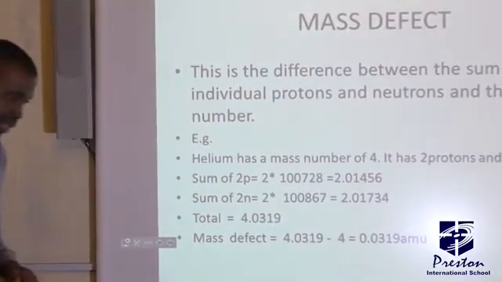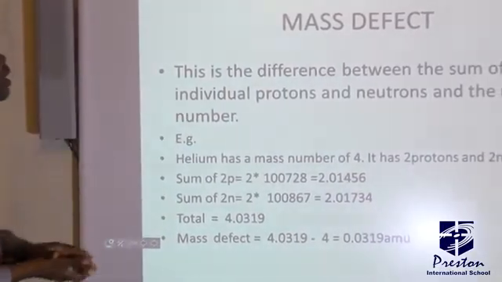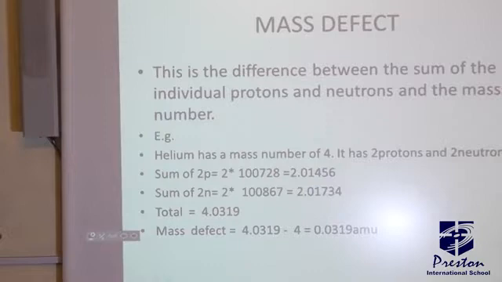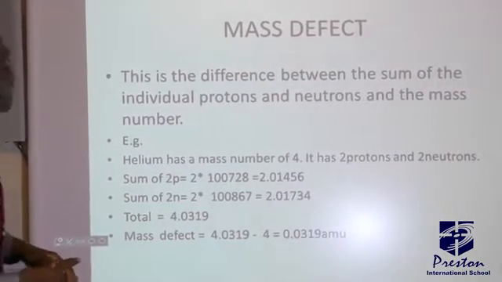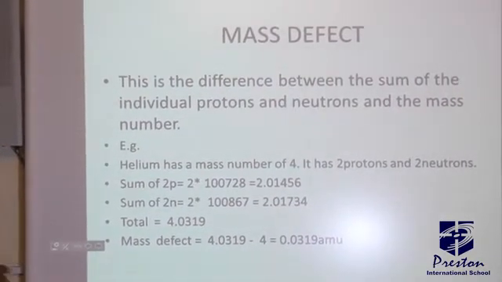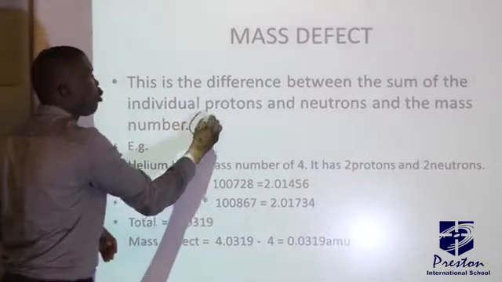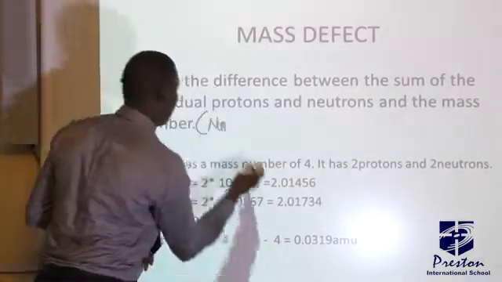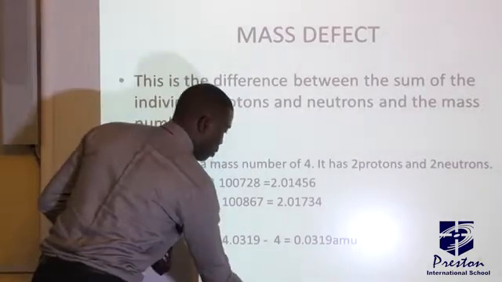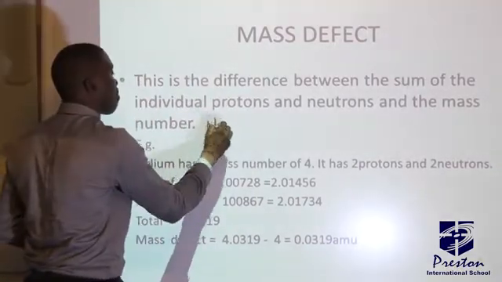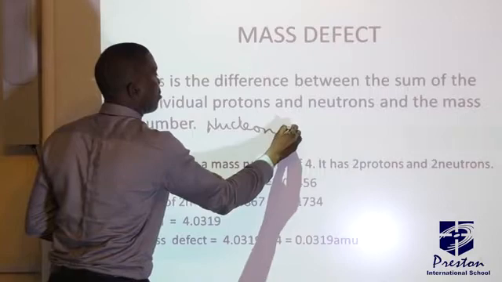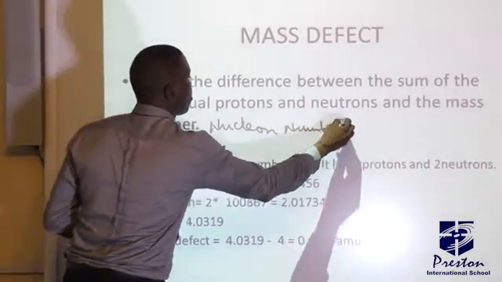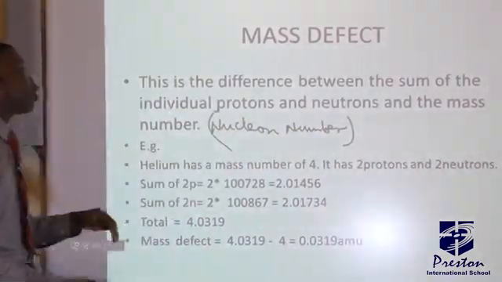Now, mass defect. This is the difference between the sum of the individual protons and neutrons and the mass number, or the nucleon number.